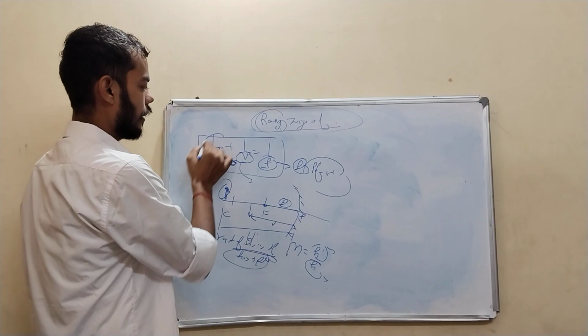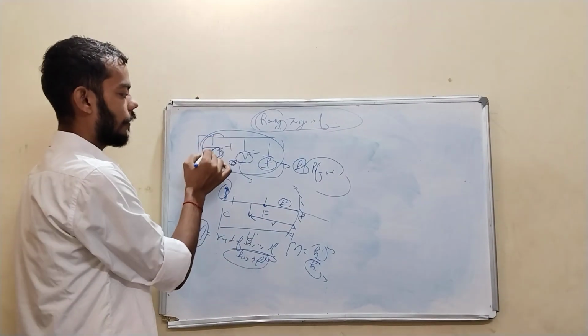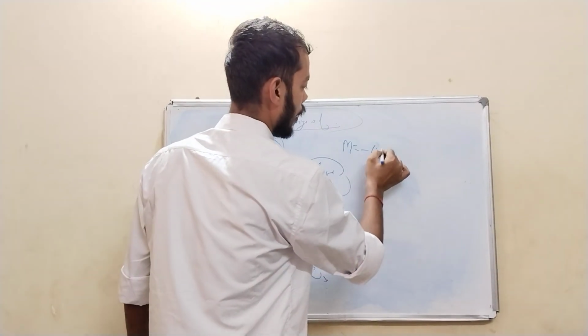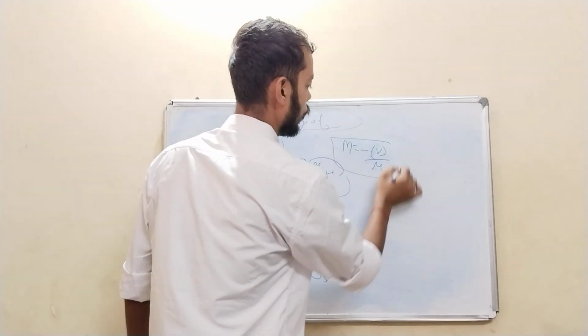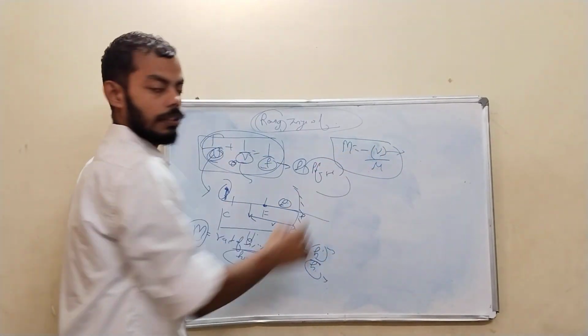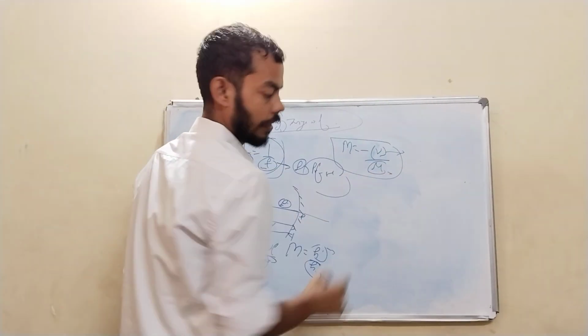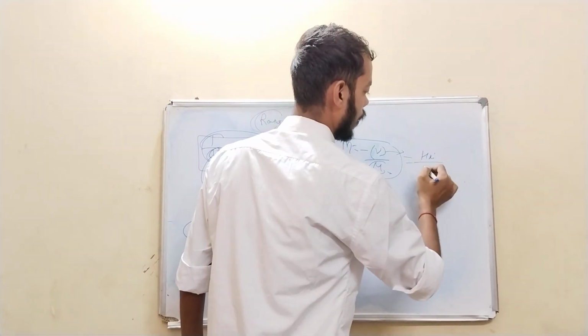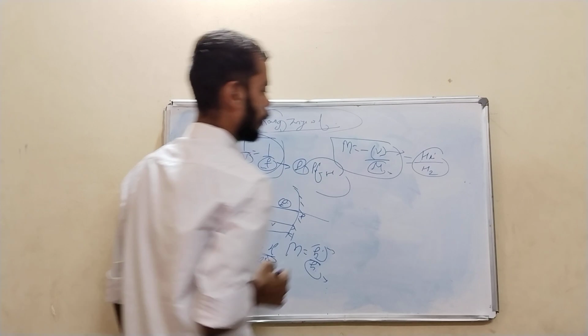By solving the mirror formula, magnification is also written as minus v by u, the distance of the image over the distance of the object, and it is also equal to the height of image h1 over the height of object h2.